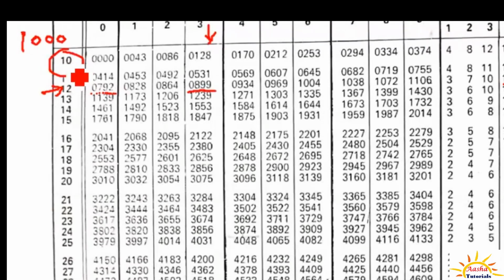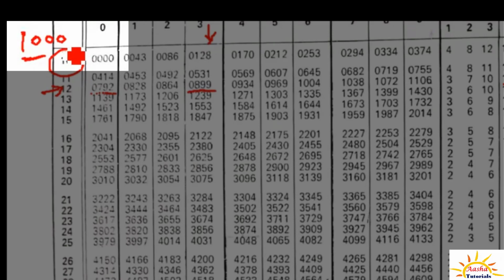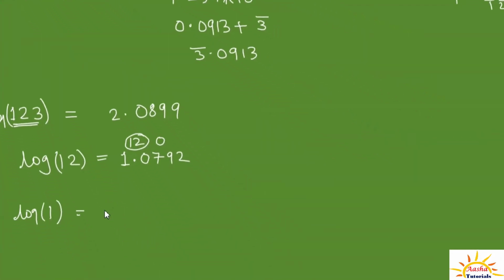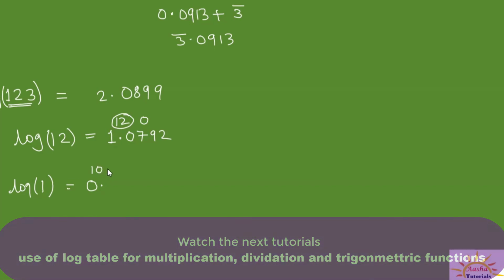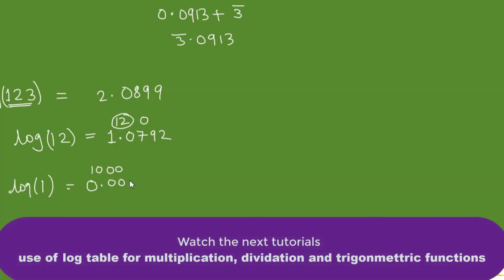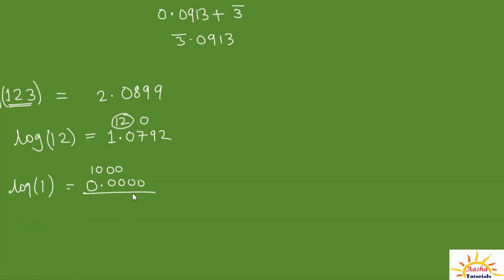It means while finding the log of 1, we have to find the log of 10 in 0 and 0. So what is the log of 10 in the 0th column? It is all zeros. So for the log of 1, as it is a 1-digit number, its characteristic value is 0, and the mantissa is 0000. So the log of 1 is 0.